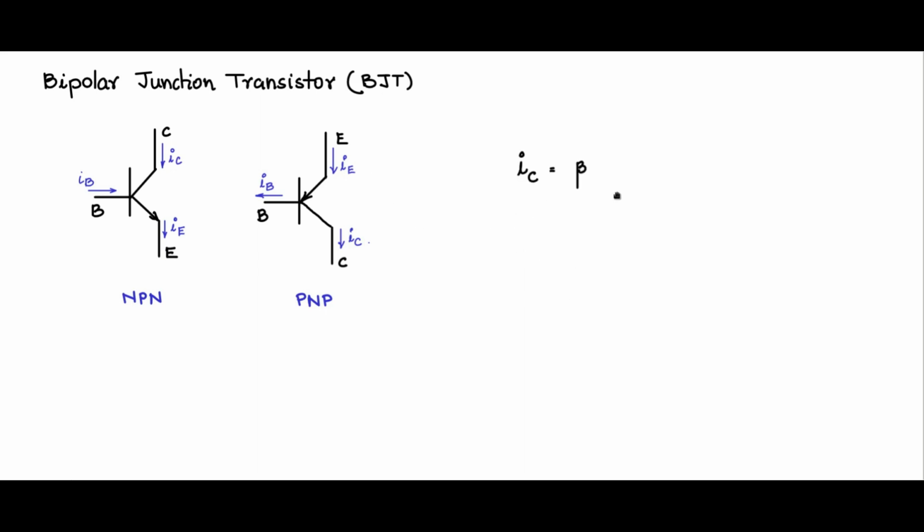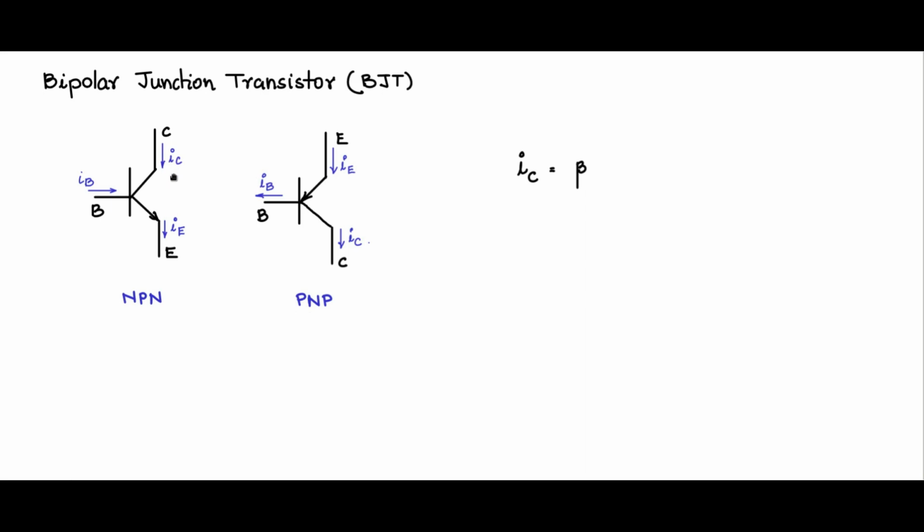The relationship is like this. IC, the collector current. NPN is the more popular variety of the BJT, bipolar junction transistor. So let me discuss all with respect to NPN, but all concepts are valid even for the PNP type of device.